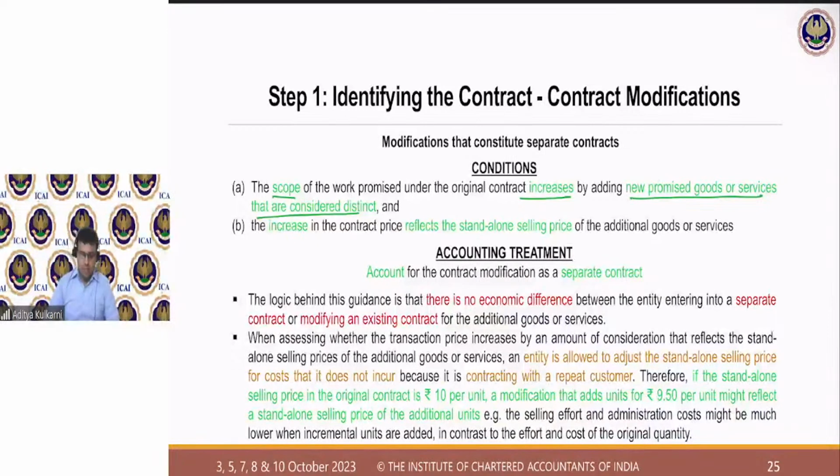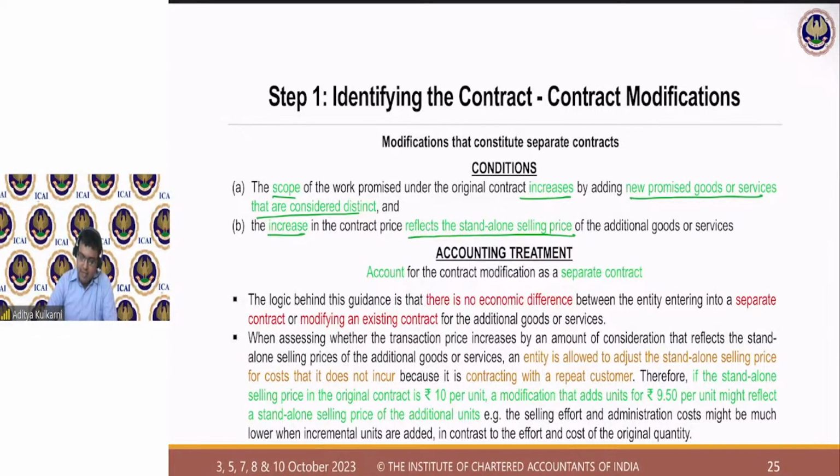of the contract. So scope increases by adding new goods or services, and thereafter what is given is the increase in the contract price reflects the standalone selling price of the additional goods or services.